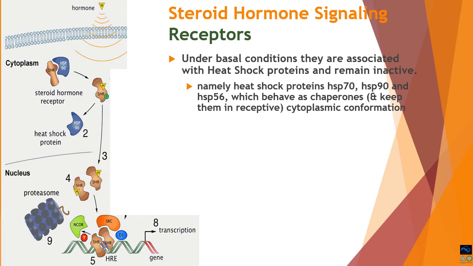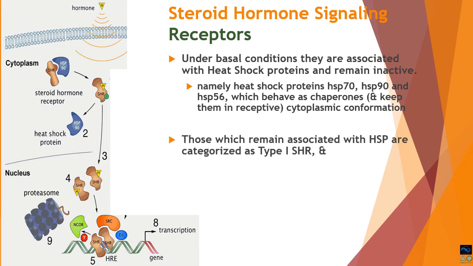Mostly these heat shock proteins are HSP 70, HSP 90, and 56, and they behave as chaperones, which assist the inactive state of the receptors and keep them in the receptive cytoplasmic conformation until the hormone binds to them. They become active only after the hormone binds.